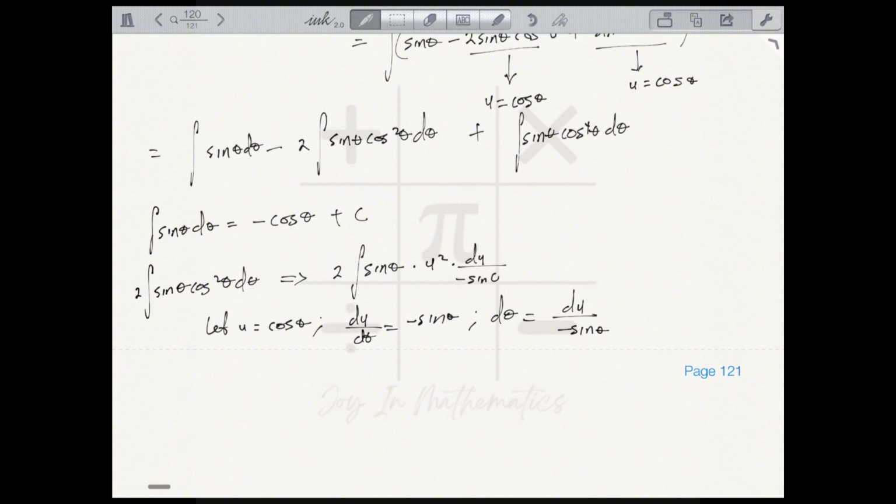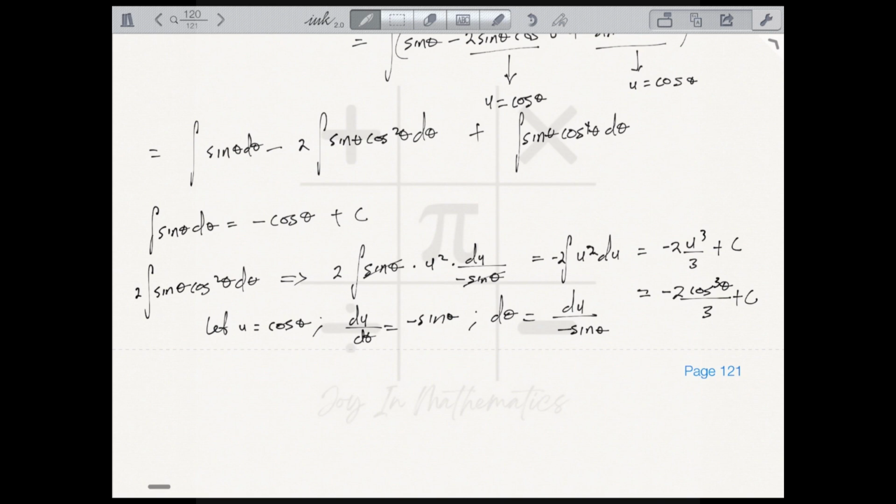This is quite similar to what we did in integration using algebraic substitution. So sin theta will nullify sin theta, and we'll be left with the integral of minus 2 u squared du, and this will give us minus 2 u raised to power 3 over 3 plus c. Now we can substitute our u back, and this will give us minus 2 cos raised to power 3 theta divided by 3 plus c, because u is equal to cos theta.